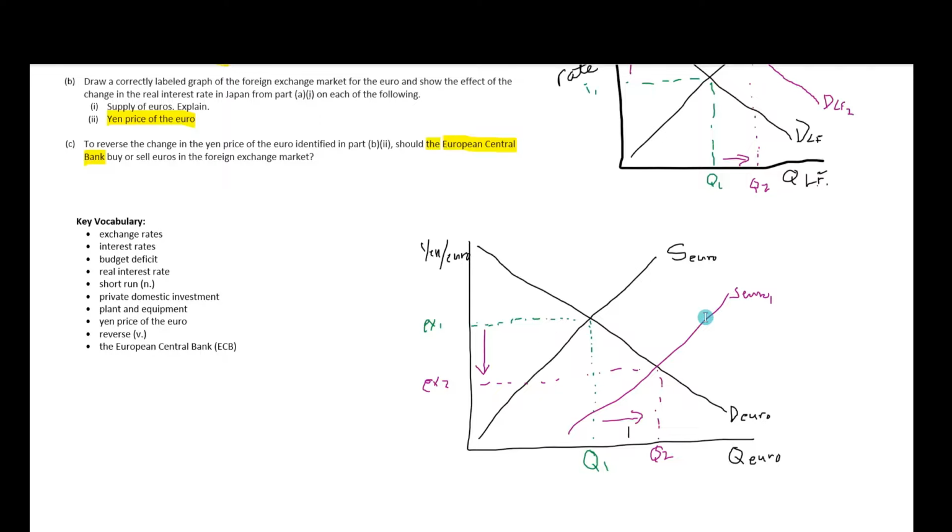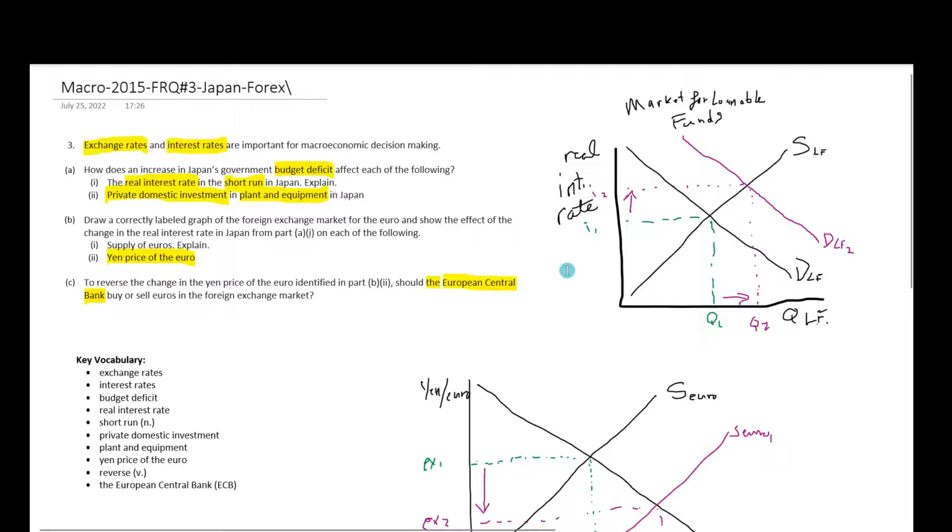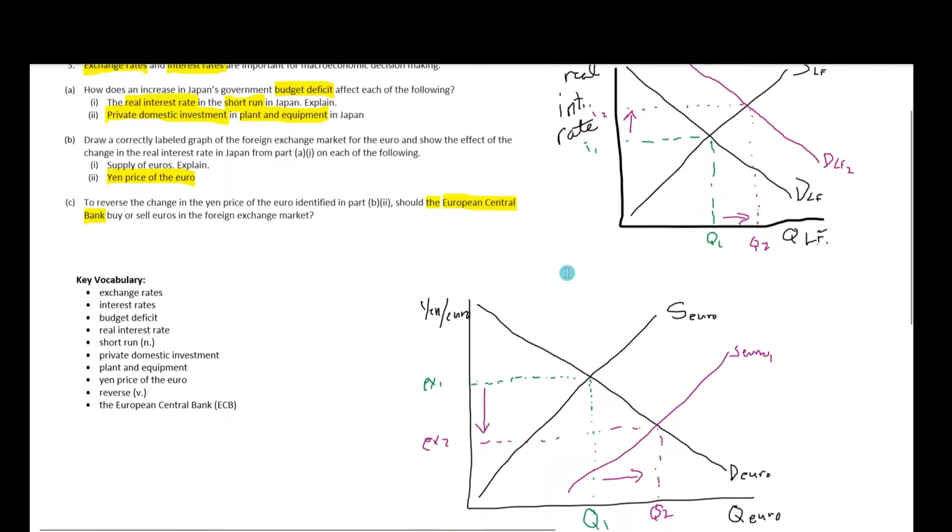So this question here, you can see there's a few different components. We've got exchange rates, interest rates. The relationship between the two is the key to this question. Nowhere do they mention the market for loanable funds, but it is integral to the question.